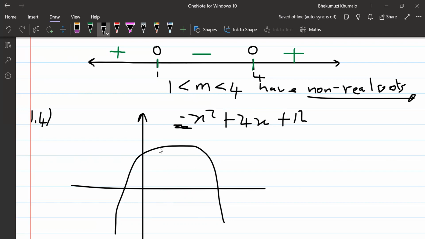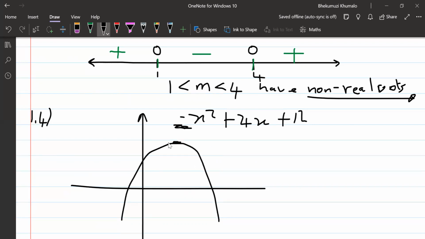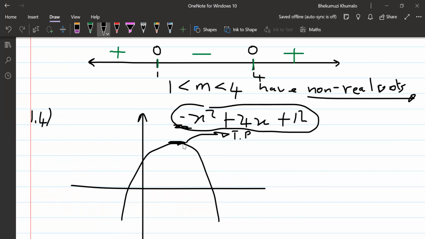If it's looking down as a parabolic function, that would mean that somewhere along the line, this expression would give us a maximum value. And where would this maximum value be? It's the top, the turning point. Yes, the very top, which would be the turning point. So we expect that the highest value this expression could ever give us would be at the turning point.